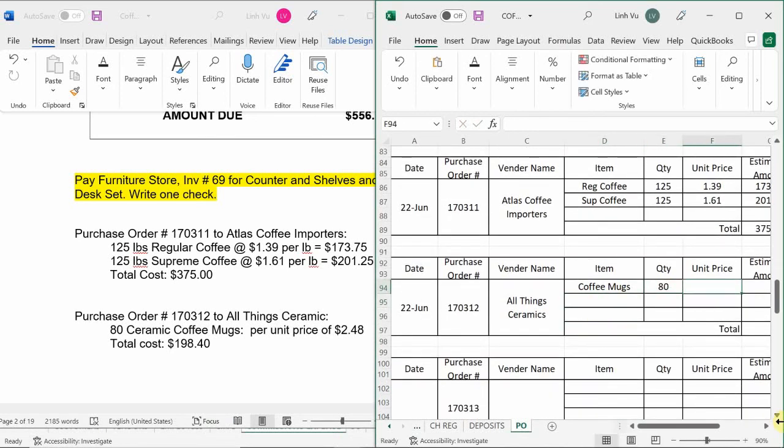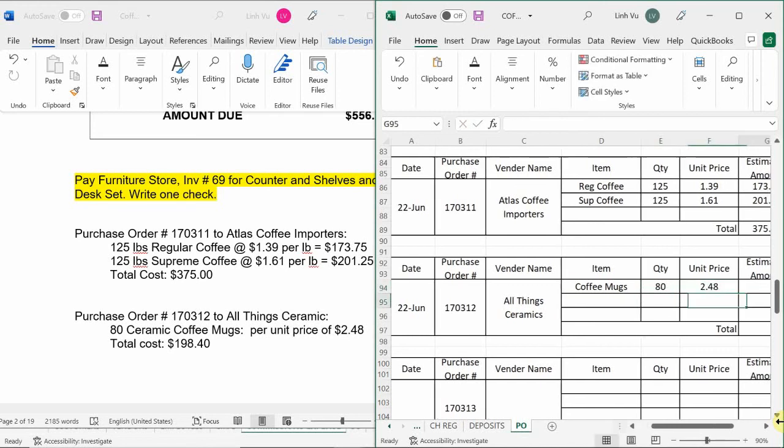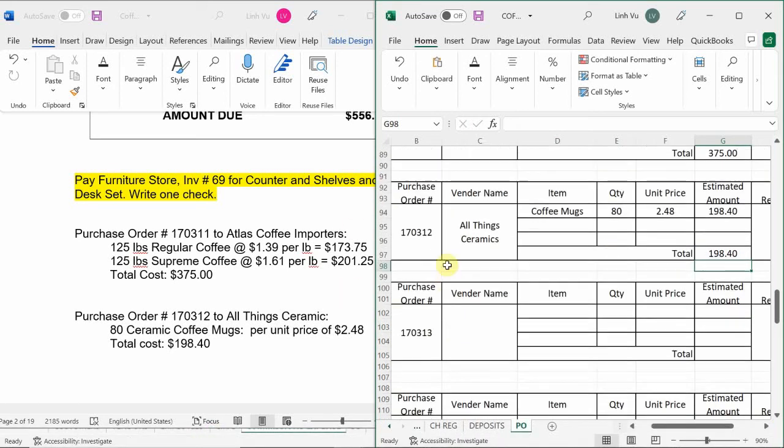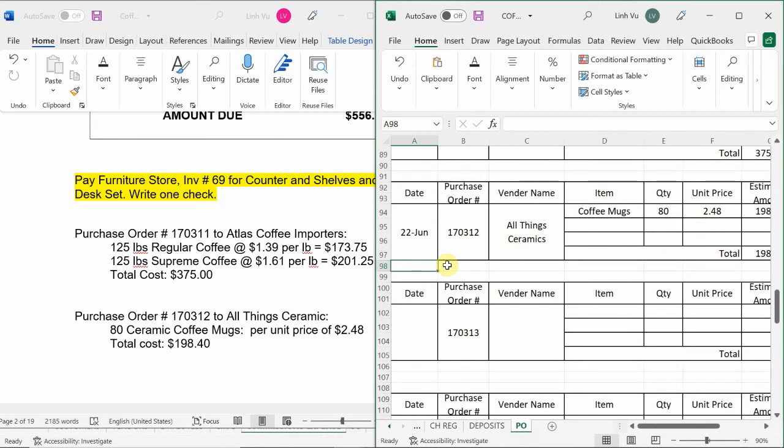It's gonna cost me $2.48 each, so that's going to give me a total of $198.40. There you go. We added in our purchase orders.